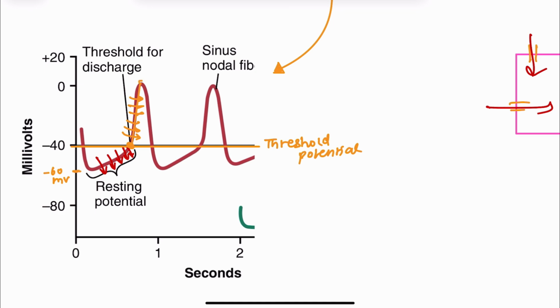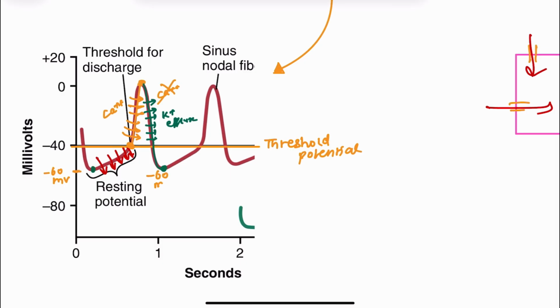Once it reaches the peak, then the voltage gated calcium channels close. And now the leaky potassium channels open up and potassium efflux occurs, which leads to repolarization. Slowly it will again bring the membrane potential of SA node to minus 60 millivolt.